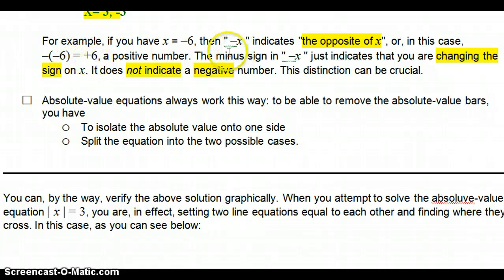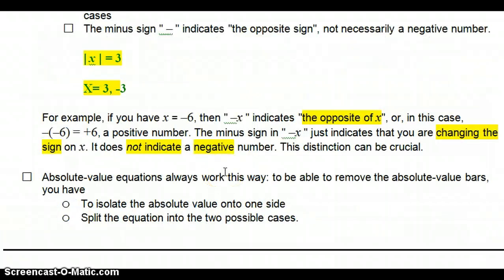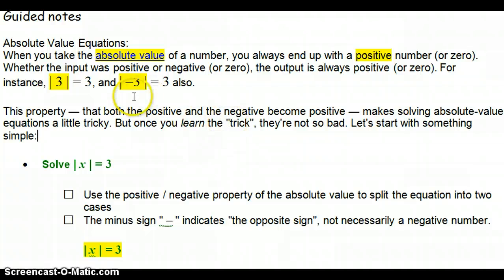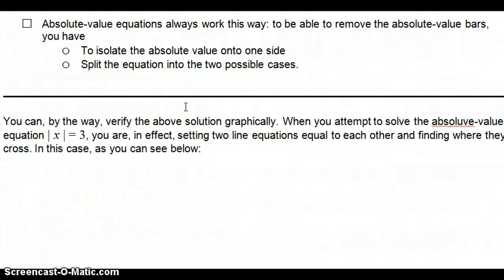So the minus sign in negative x just indicates that you're changing the sign on x. It does not indicate a negative number. So when you see absolute value and you have the negative sign, like we see in here, we just know the absolute value means do the opposite of that number. So the opposite of negative 3 is positive 3.